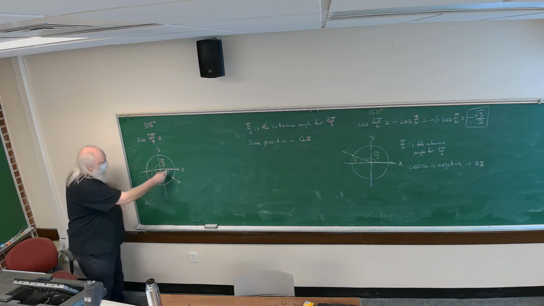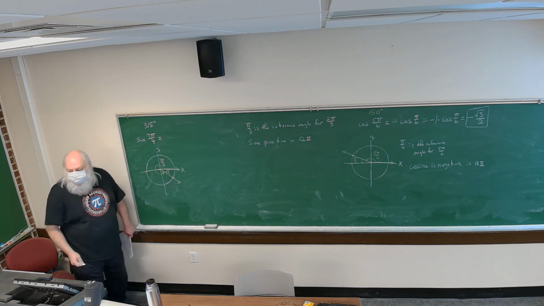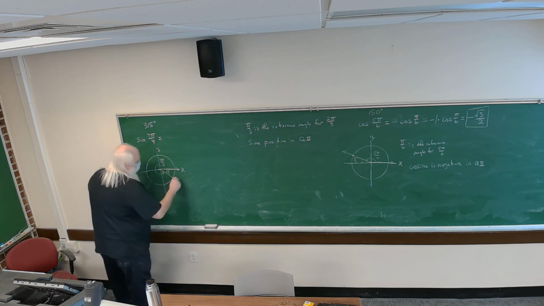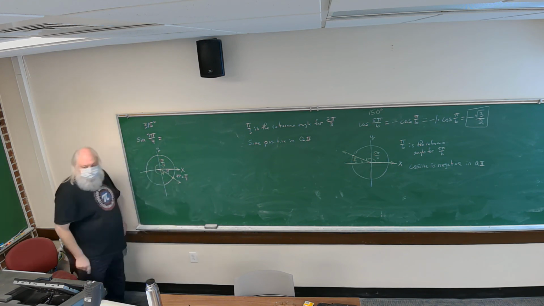If it's 315 degrees from the initial side to the terminal side, how many degrees is it between the terminal side and the positive x-axis? 45, right? Which is equal to pi over 4 radians.